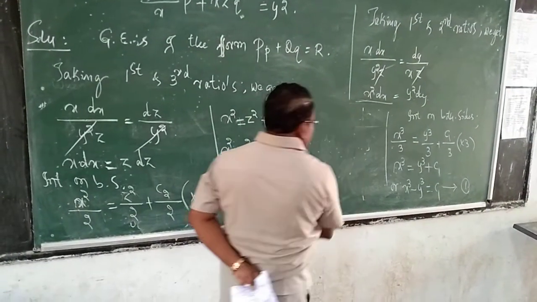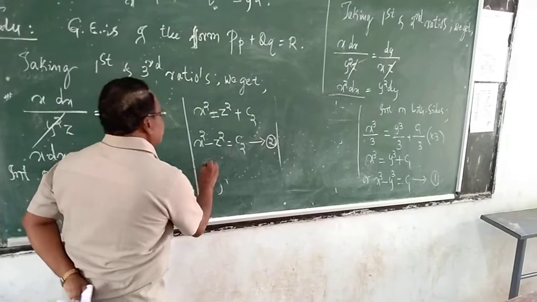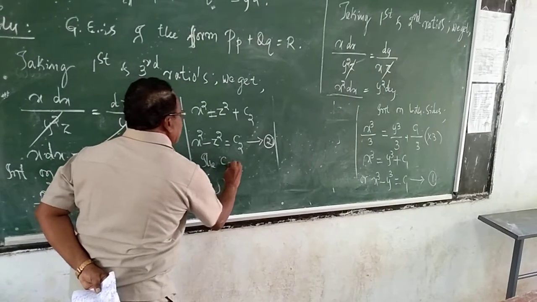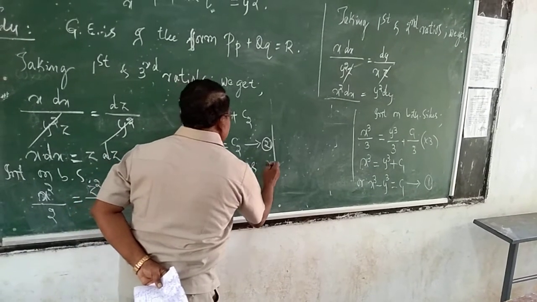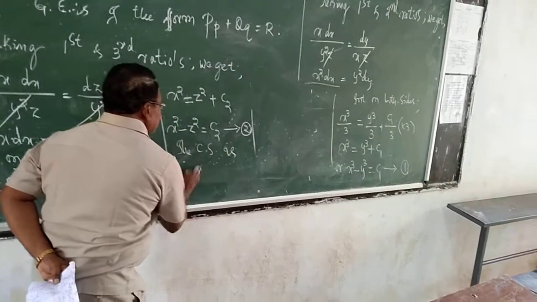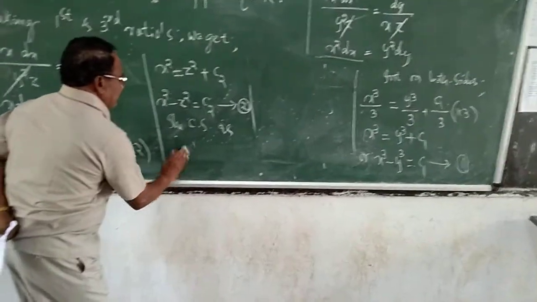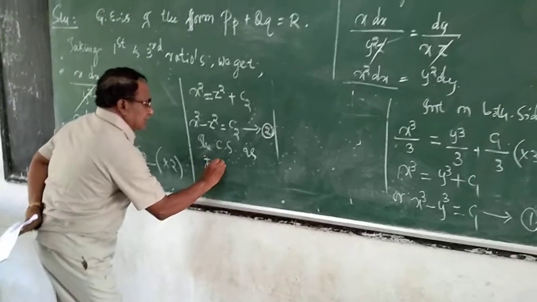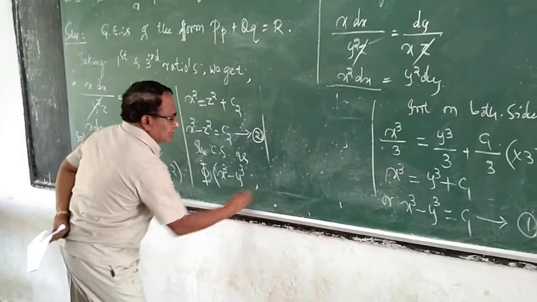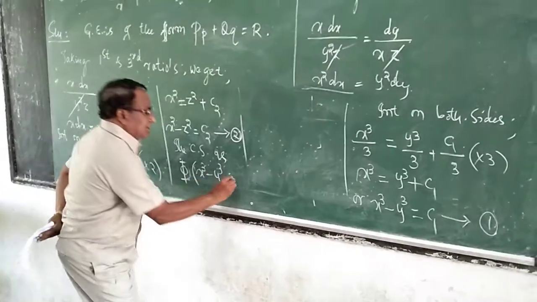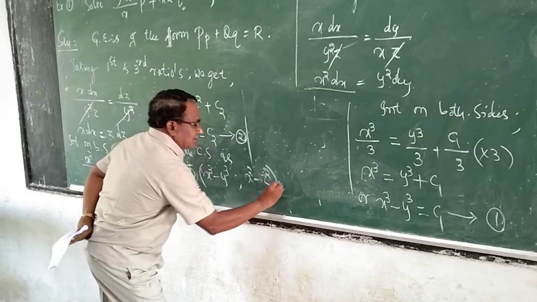Yes. Now finally the complete solution, or general solution, is phi of u comma v is equal to 0, where u is x cube minus y cube and v is x squared minus z squared.